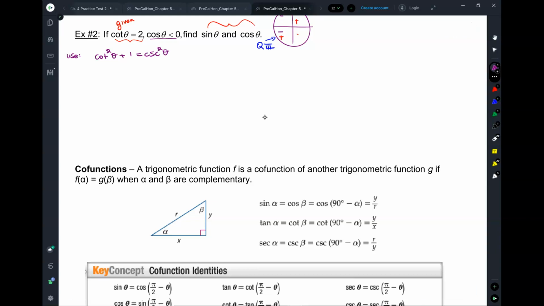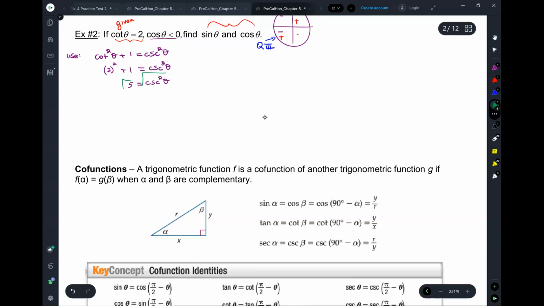Now, cotangent is 2. Cotangent squared is 2 squared. Plus 1 equals cosecant squared theta. Okay, so 5 is cosecant squared theta. Take a square root, take a square root.